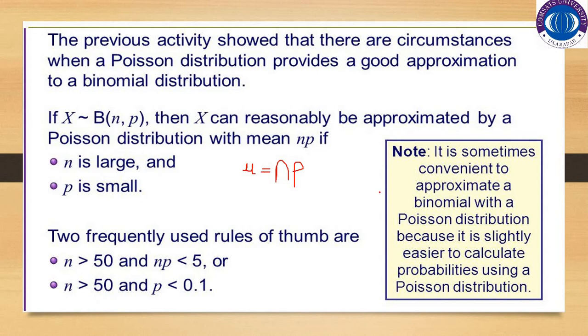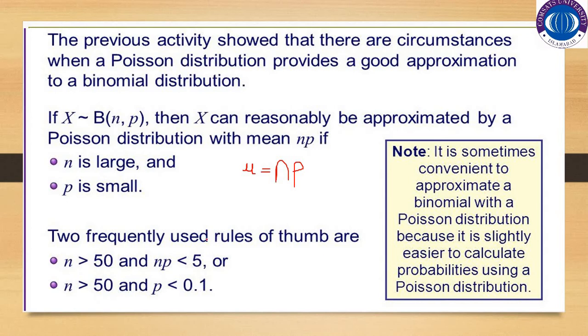It is sometimes convenient to approximate a binomial distribution with a Poisson distribution because it is slightly easier to calculate probabilities using a Poisson distribution.